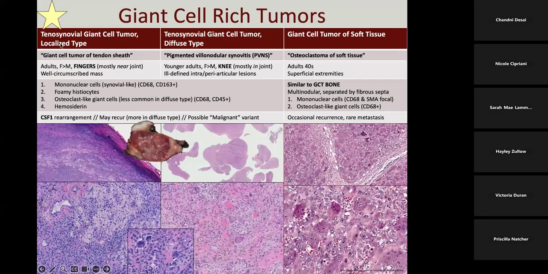Giant cell-rich tumors of extraosseous sites, including tenosynovial giant cell tumor, localized or diffuse type, i.e. diffuse type carpeting the joint, formerly called PVNS: mononuclear cells, foamy histiocytes, giant cells, hemosiderin, CSF1 gene rearrangement. GCT of soft tissue kind of looks like GCT of bone, except it's present in the soft tissue, very, very rich and very, very multinucleated giant cells with mononuclear cells in the background.